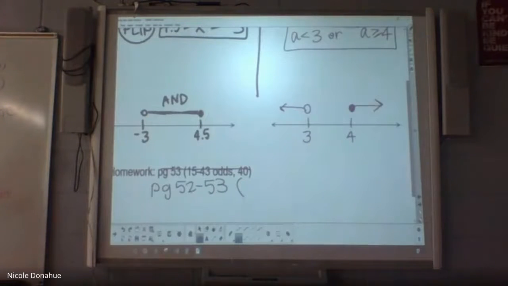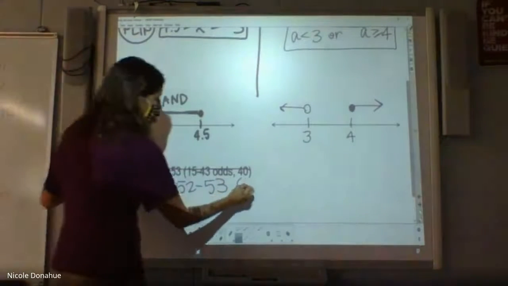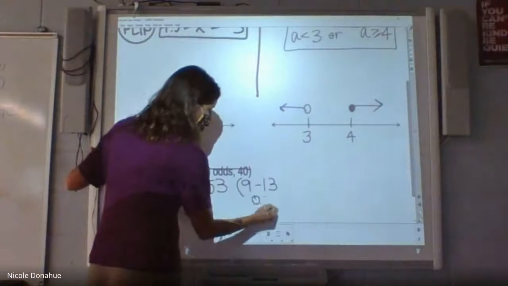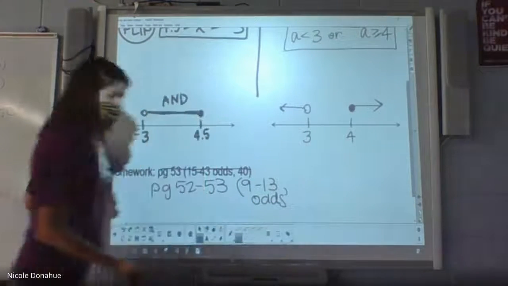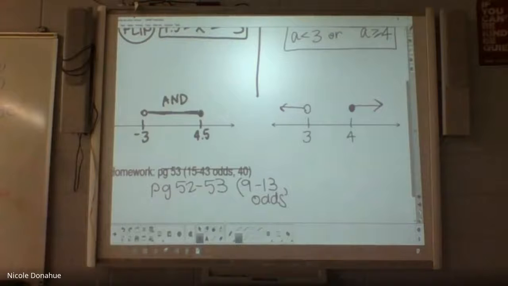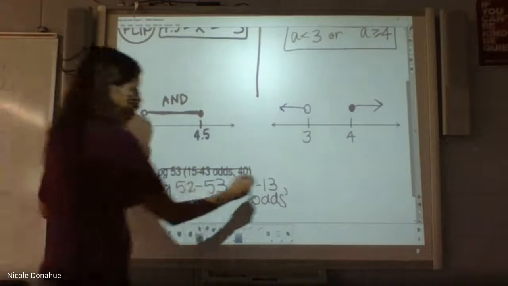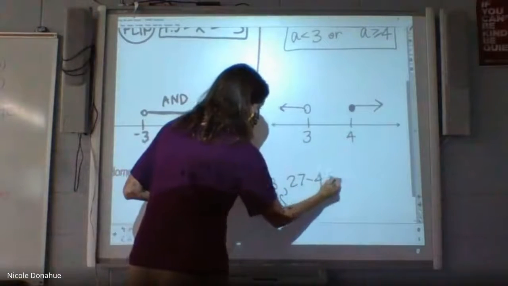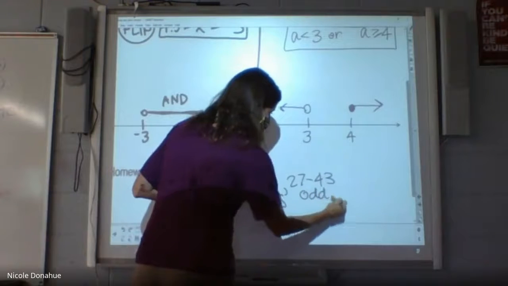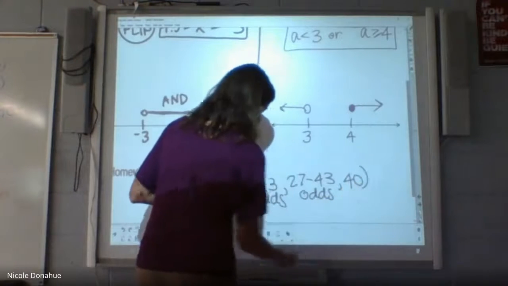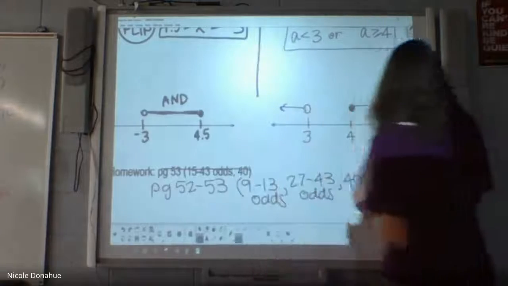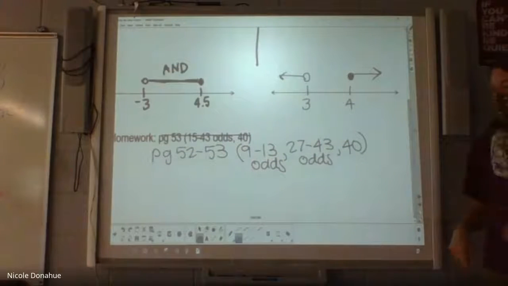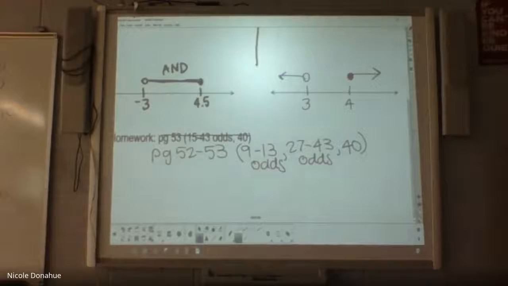It does ask you to graph almost all of these, so please do get in the habit of graphing them. 9 through 13, odd. And then, skipping a bunch, 27 through 43, odd. And then we're adding number 40, that's an even, so that's why it's not in that range of values. So altering the homework slightly. It's asking you to graph them, so please graph them.